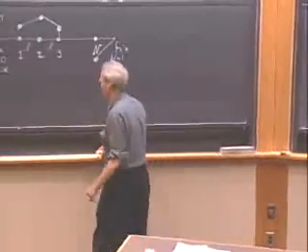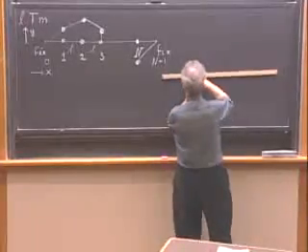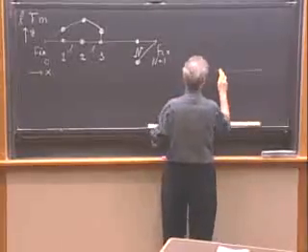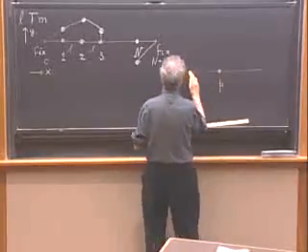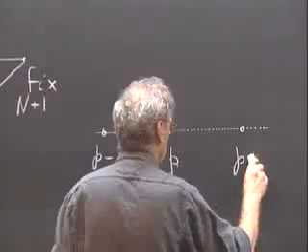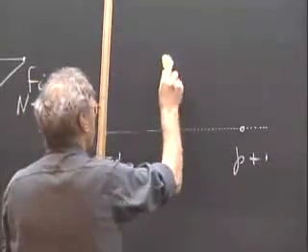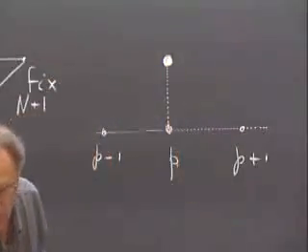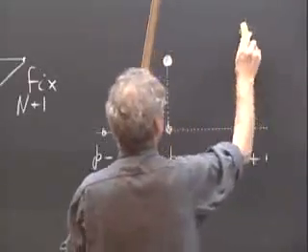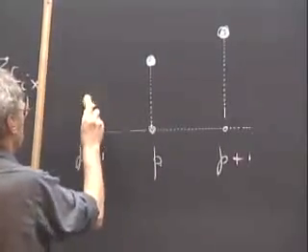And so now I'm going to make a blown up version here for particle number P. So this is particle P, and here's the location of P minus 1, and here's the location of particle P plus 1. And at a certain moment in time, let's assume that that little mass m is there, and let's assume that this one is here, and this one is here.